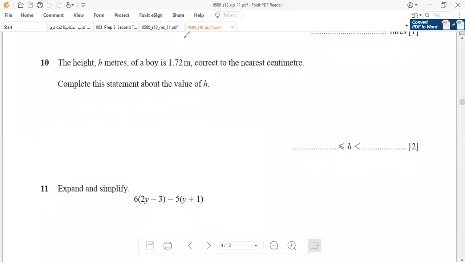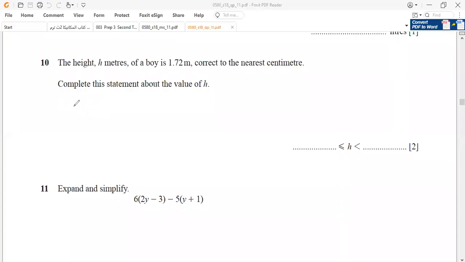In question 10, the height h meters of a boy is 1.72 meters, correct to the nearest centimeter. Complete this statement about the value of h. h greater than or equal to a number and less than a number. Here we are required to find the boundaries or limits, minimum limit and maximum limit.